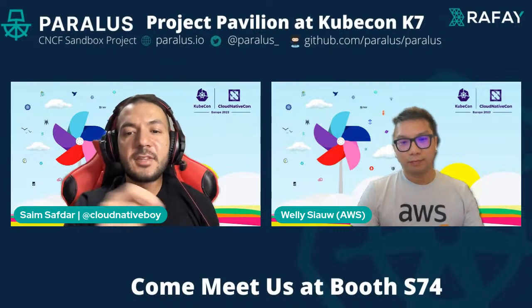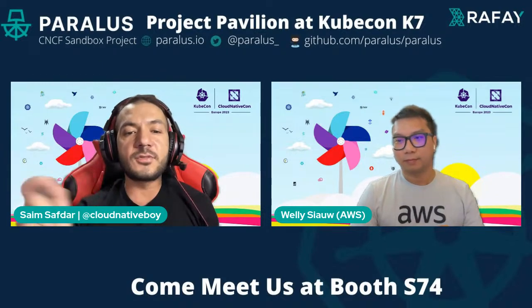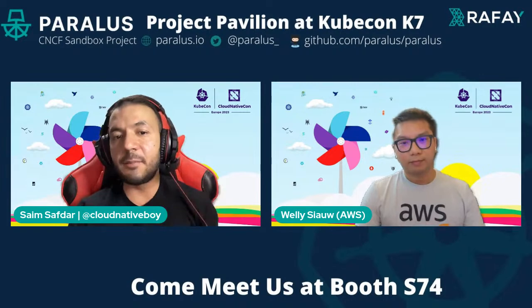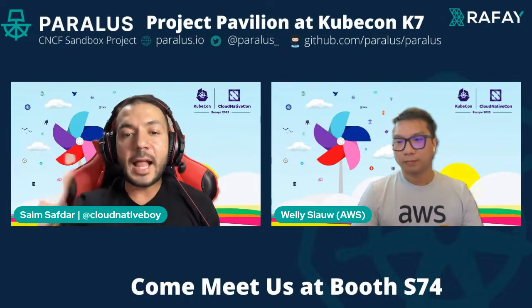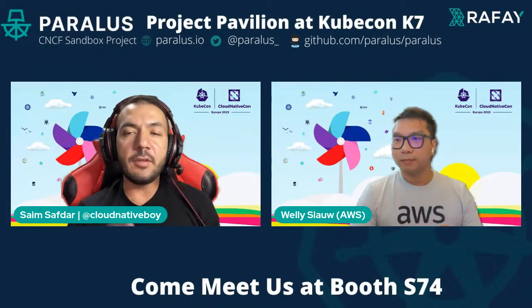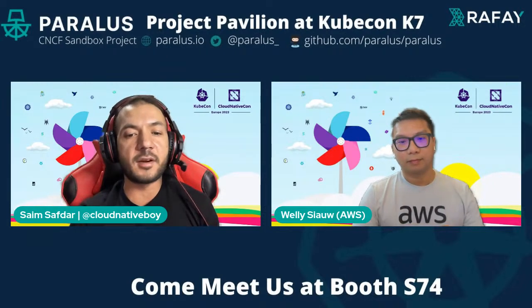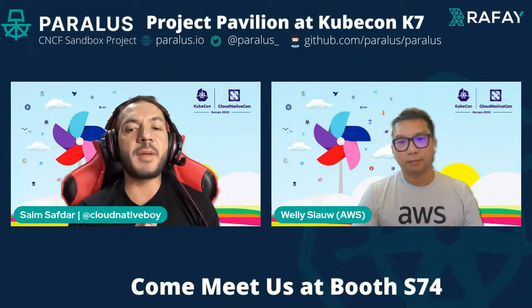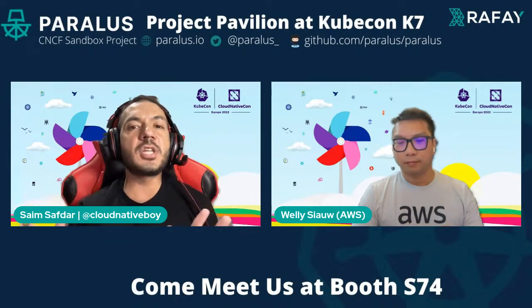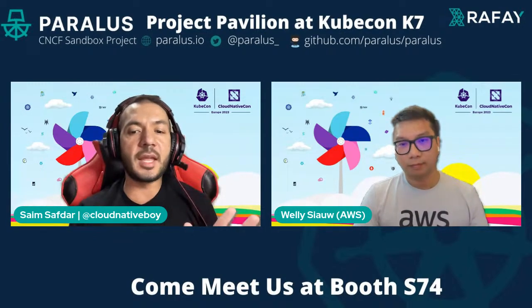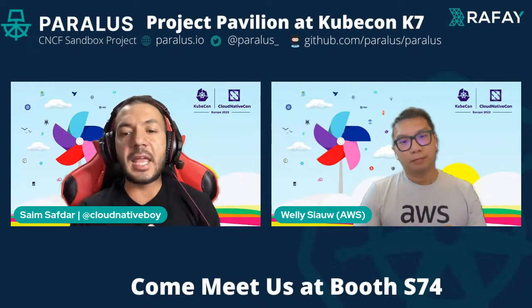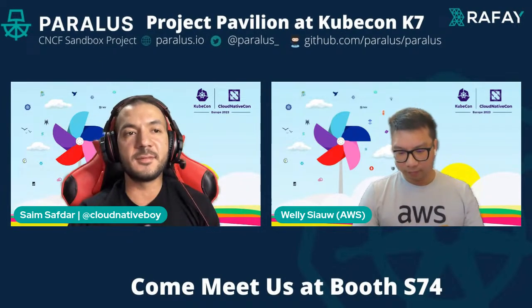Number one, since you have spent a good amount of time on the AWS Marketplace side helping customers and partners, if Paralus is available as a one-click installer on AWS Marketplace, how can it shine in this domain and become a game changer for platform and DevOps teams?